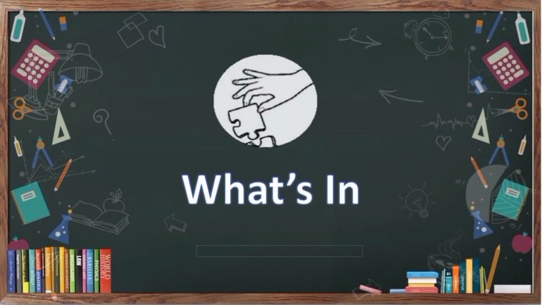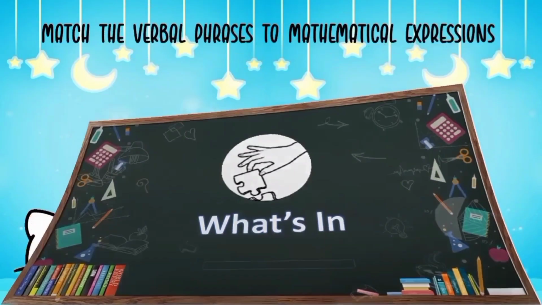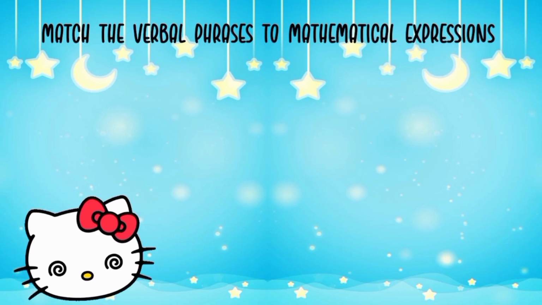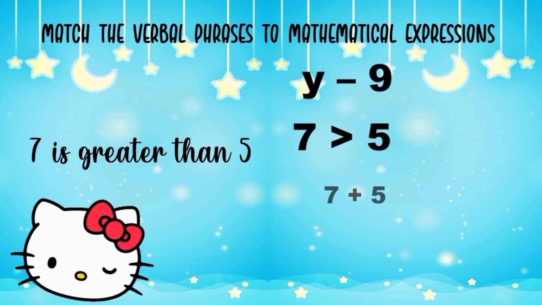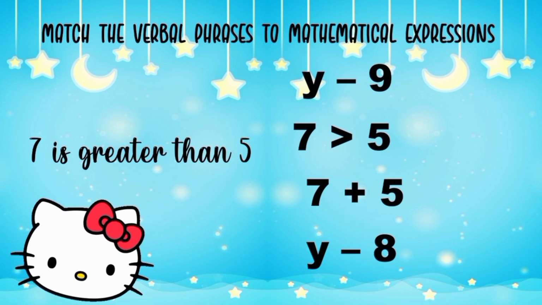What's in? Match the verbal phrases to mathematical expressions. First, 7 is greater than 5. Now choose among the given expressions. The answer is this expression. 7 is greater than 5.